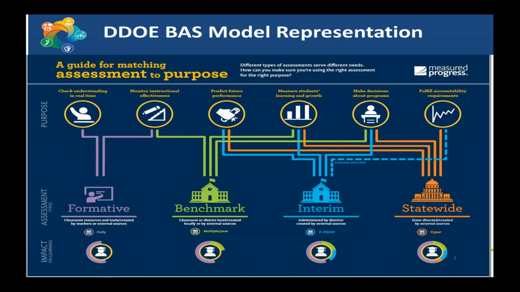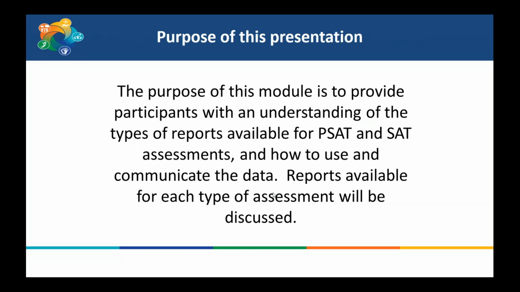Notice that each assessment type is color-coded for clarity on how each is integrated. It is important to know that formative and benchmark assessments are assessments for learning, whereas interims and summatives, including state testings, are assessments of learning.